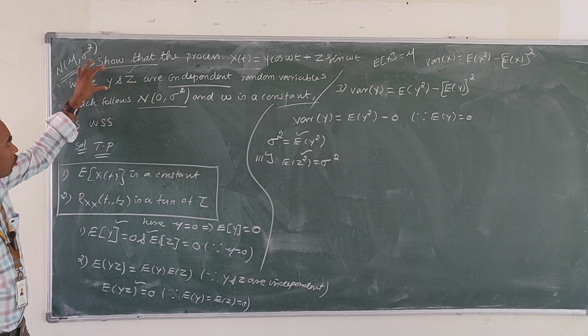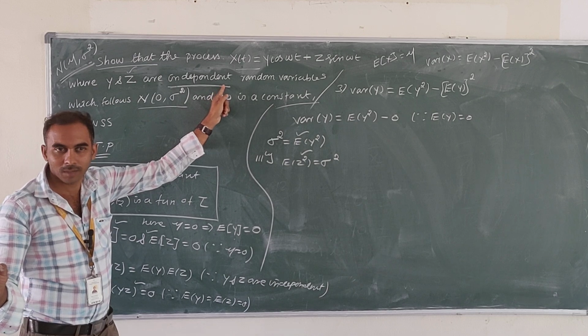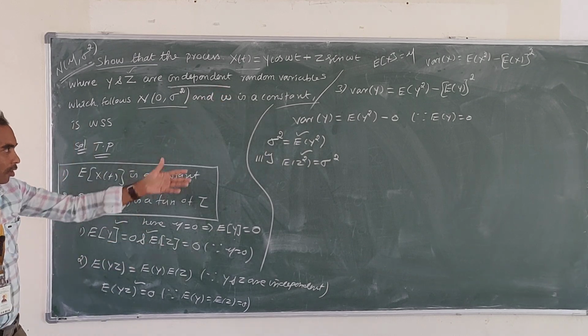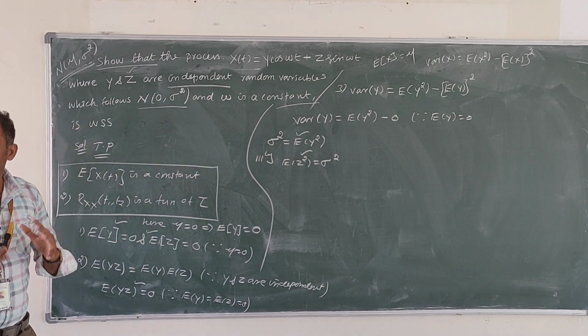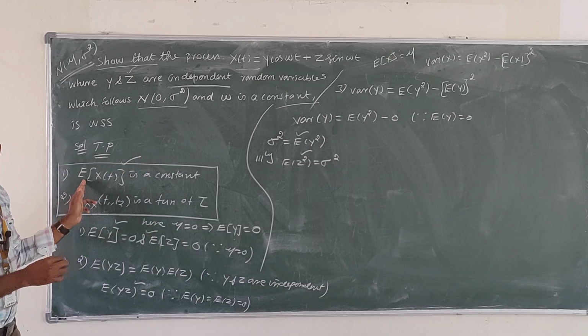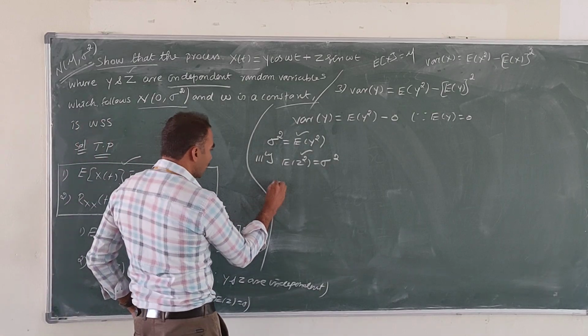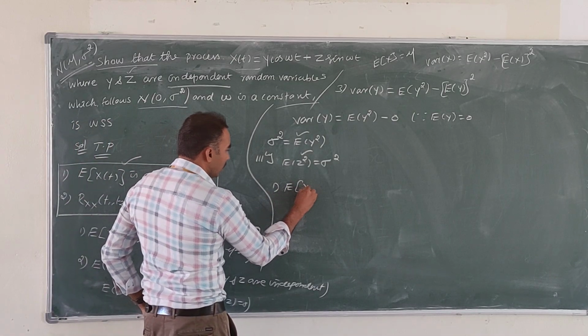Here they have given Y and Z as the independent random variables. We have framed all of this. Next we are going to enter the problem. First we have to calculate E[X(t)].